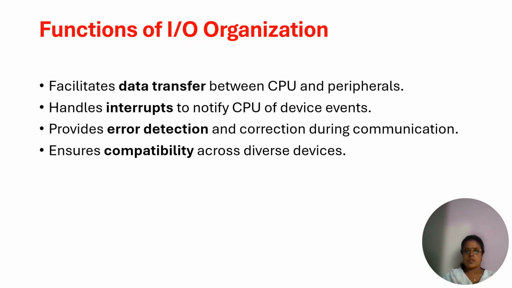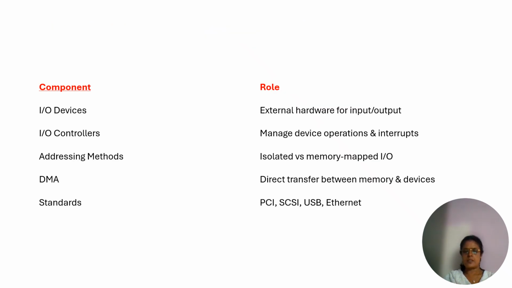The last one is the functions of IO organization. It facilitates data transfer between the CPU and the peripherals, handles interrupts to notify the CPU of device events, provides error detection and correction during communication, and ensures compatibility across diverse devices.